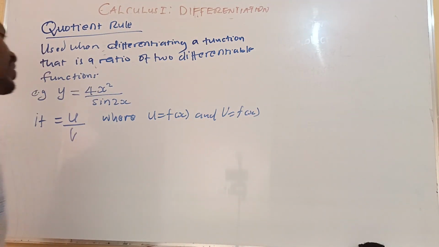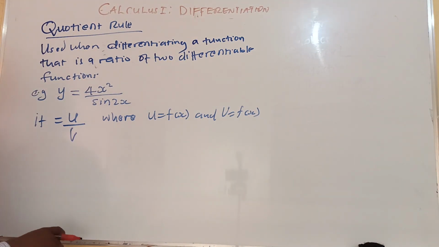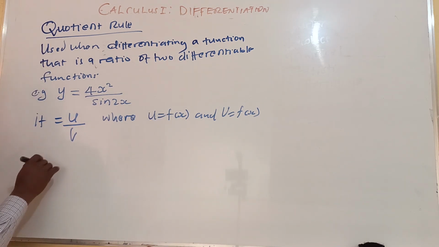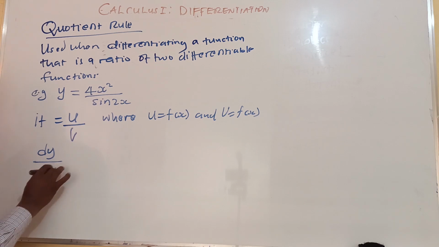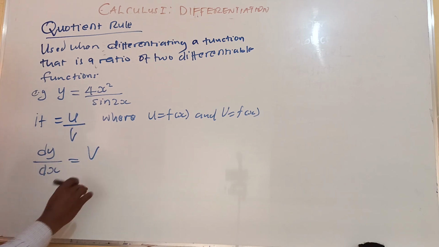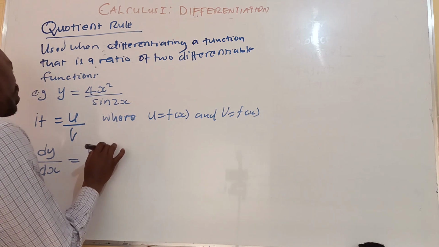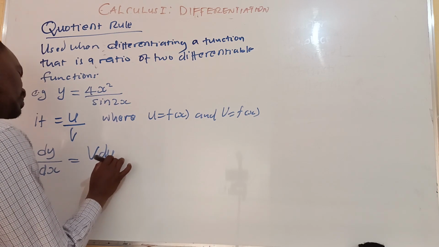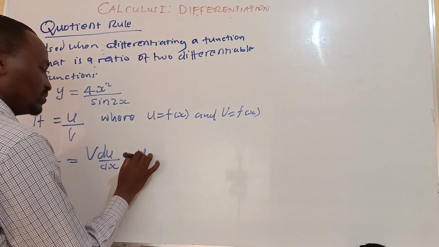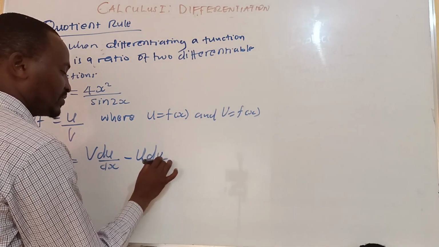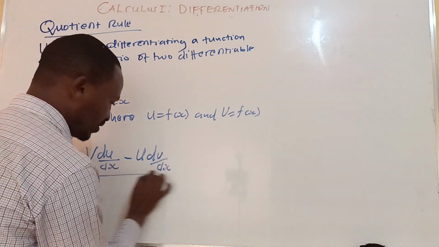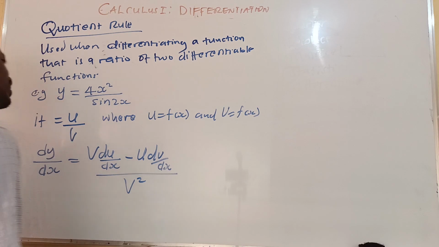But they could also be any other variable. So if this is the case, then the derivative of y with respect to x: you take v, differentiate u with respect to x, then minus u, differentiate v with respect to x, all over v squared.